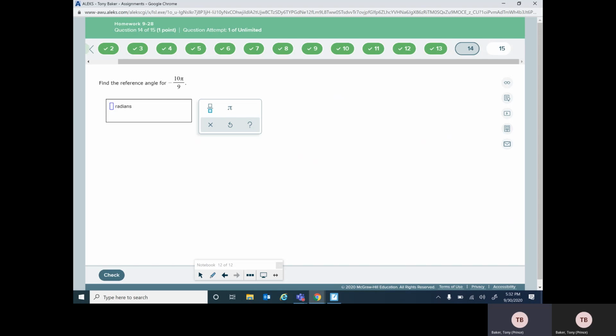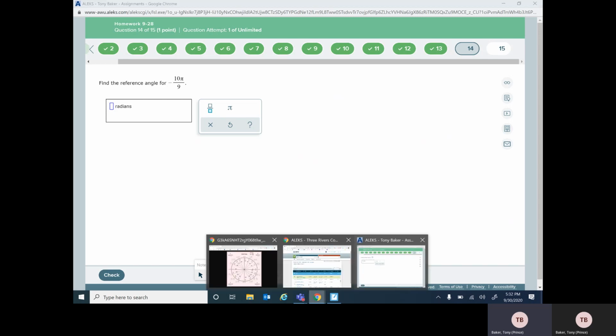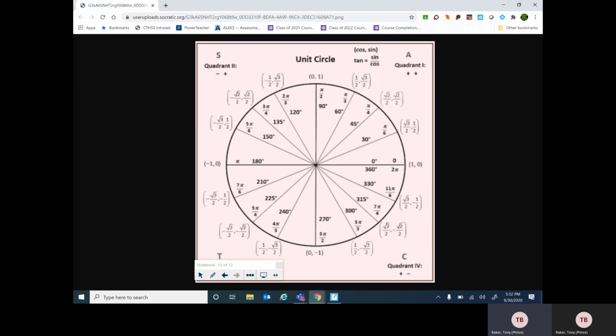The last two topics are looking for reference angles. So let's go back to my unit circle really quick and notice something. All my points over here repeat themselves all the way around. So this point, square root of 3 over 2 and 1/2, is the same thing as directly across from it.